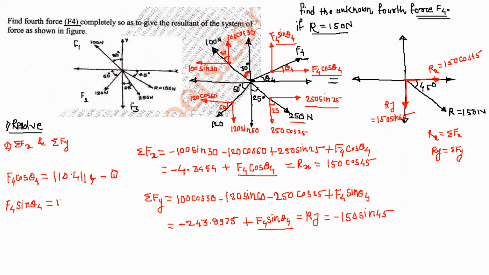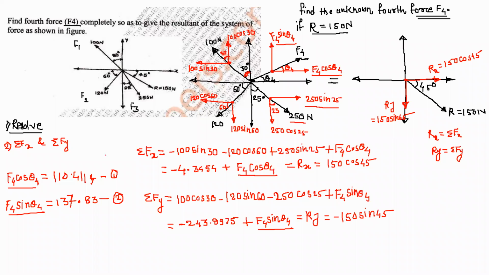So this value is equal to 137.83. So this is your second equation. So as F4 cos theta 4 and F4 sin theta 4, both the values are positive. That means F4, that is unknown force, it must be in the first quadrant.